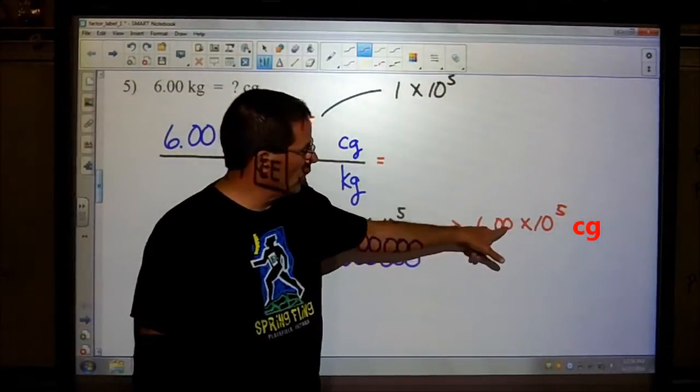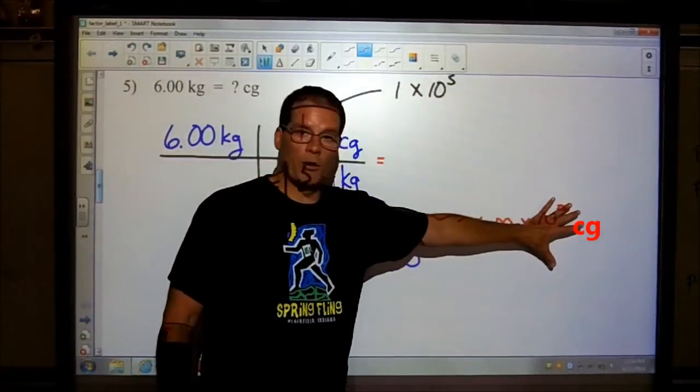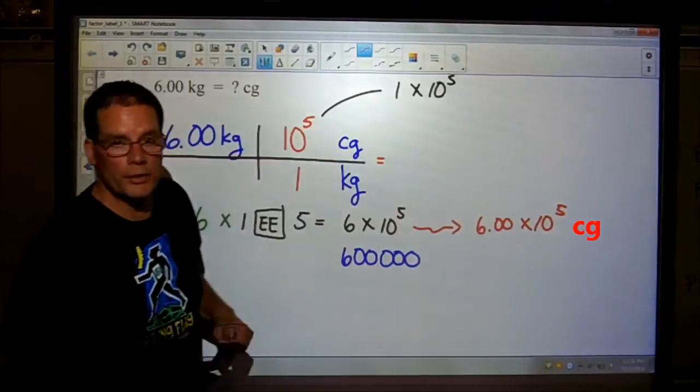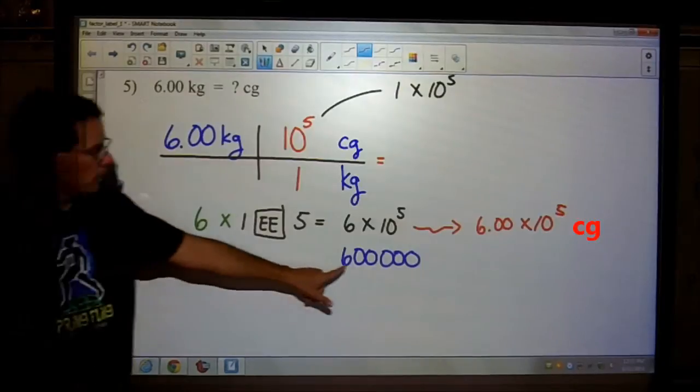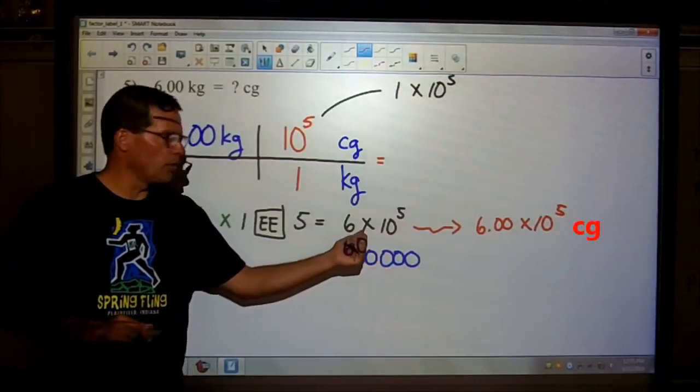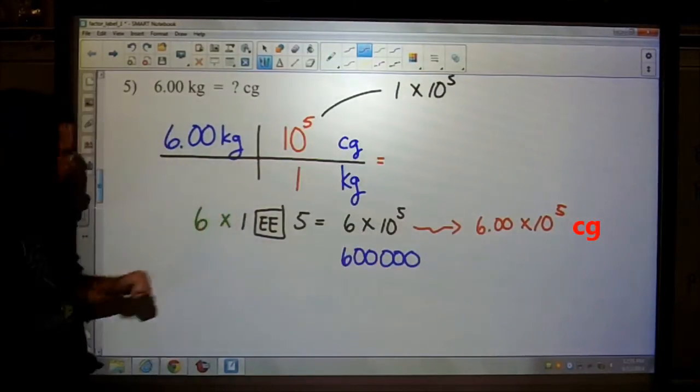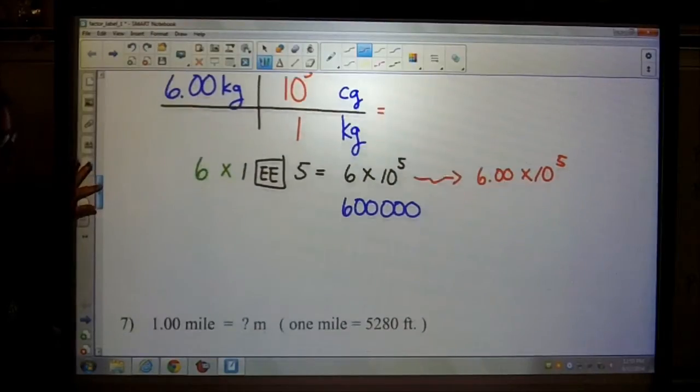So I have the 6, and these zeros are significant. However, the times 10 to whatever is not considered significant. All right. And we'll talk about significance later on. So if we haven't talked about it yet, please don't stress out on that. But try not to write all these zeros. If you can get it in scientific notation, your life is going to be so much sweeter.